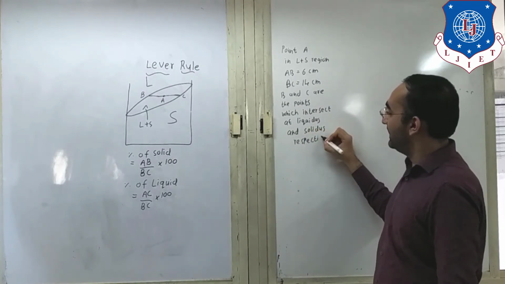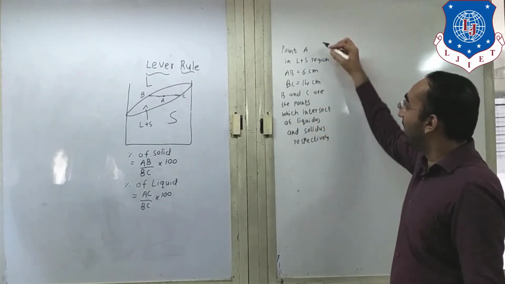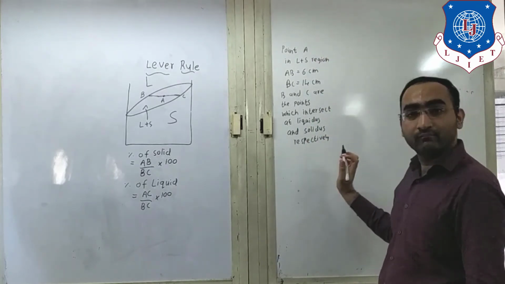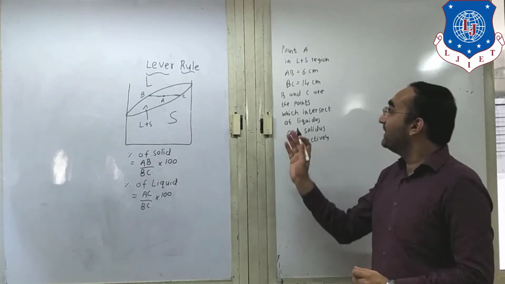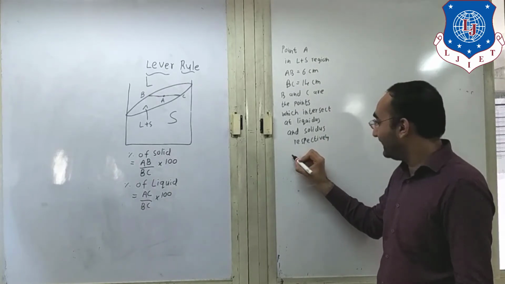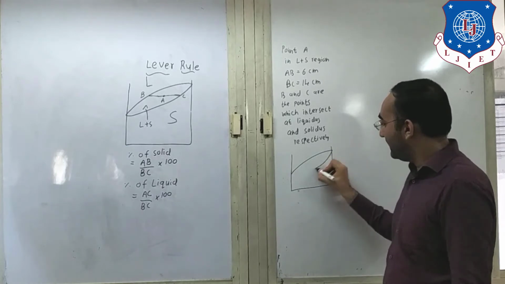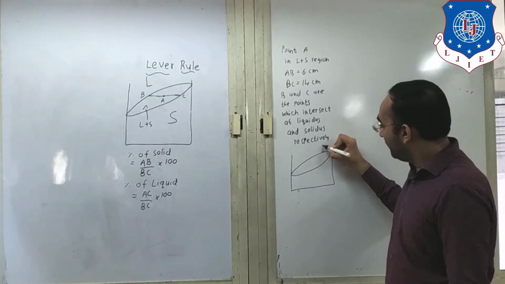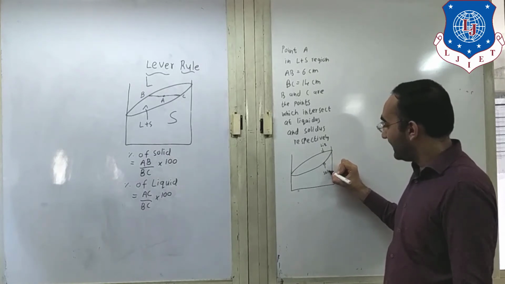Now what we have to find out is, at A in the liquid plus solid region, how much liquid portion and how much solid portion is there. Since we have been given AB and BC distances, let us first draw the rough diagram. This line is known as the liquidus line, this line is known as the solidus line.